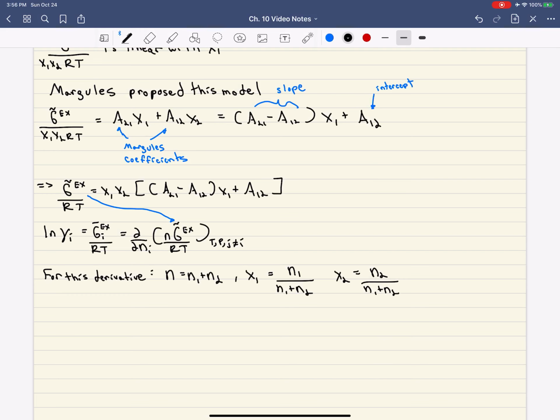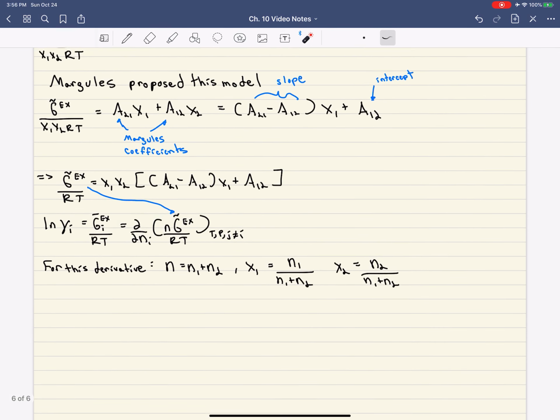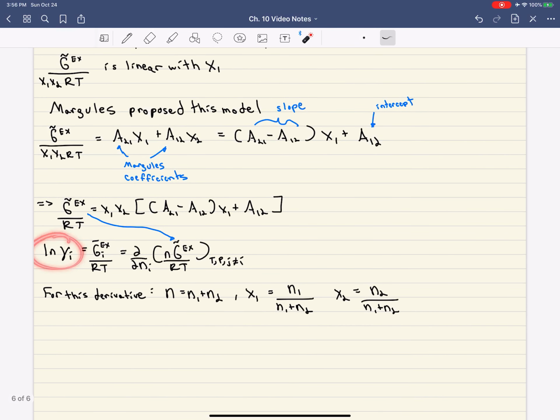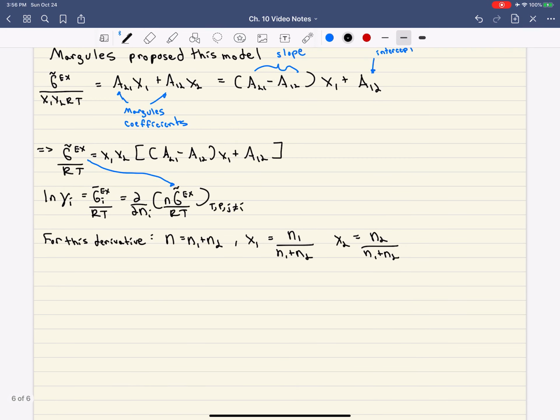Okay. And so if you apply all these relationships and actually go through with the partial derivatives, you will get these two sets of equations, or this set of equations, I guess.